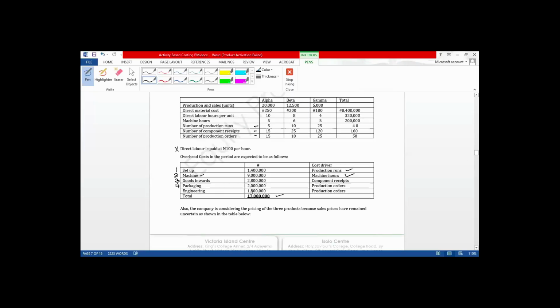Engineering overhead cost is 1.8 million. The examiner says the cost driver is production orders. You can go and calculate.